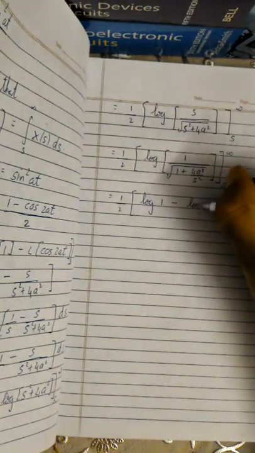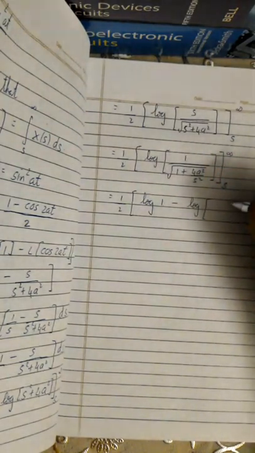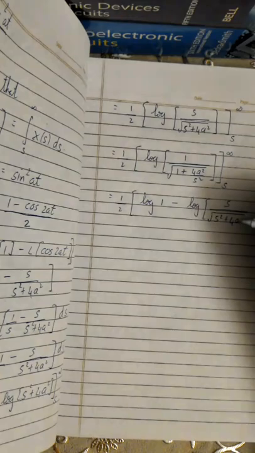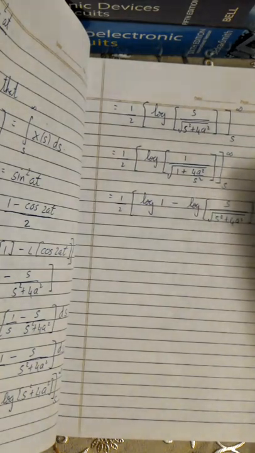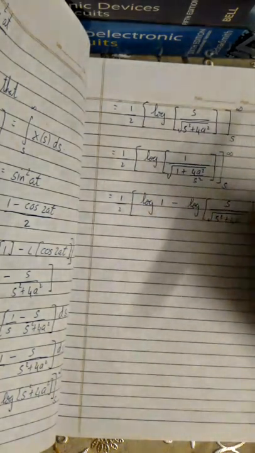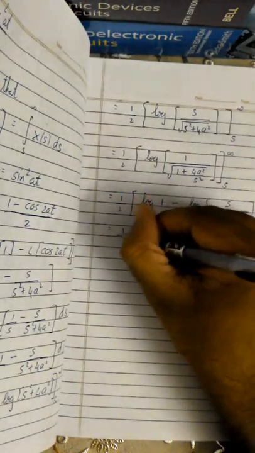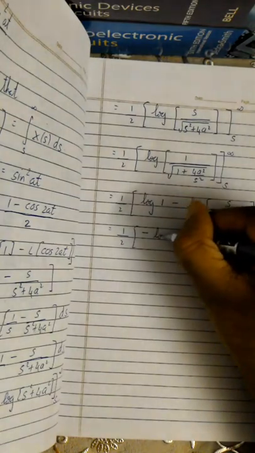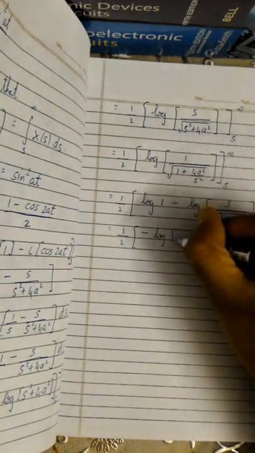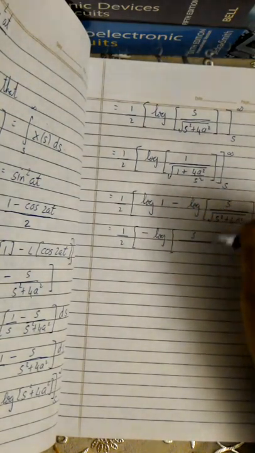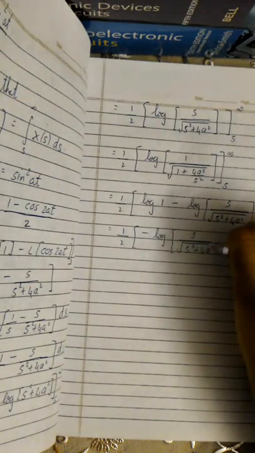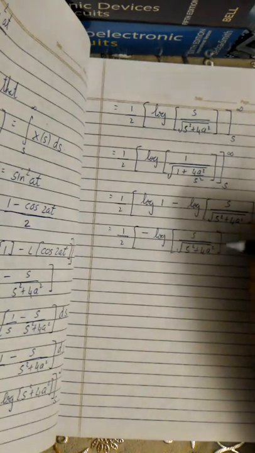So it will be log of s by root of s square plus 4a square. We know that log 1 is 0, so this is nothing but minus 1 by 2 into minus log s by root of s square plus 4a square.